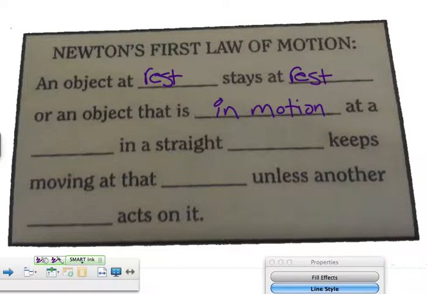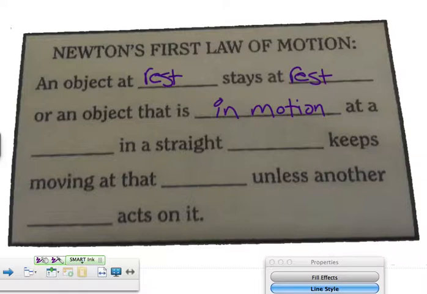An object that is in motion at a what, class? Something is moving, but it's moving at a uniform what? I roll the ball. It's rolling. It didn't speed up. It didn't slow down. It's just rolling at a steady pace.